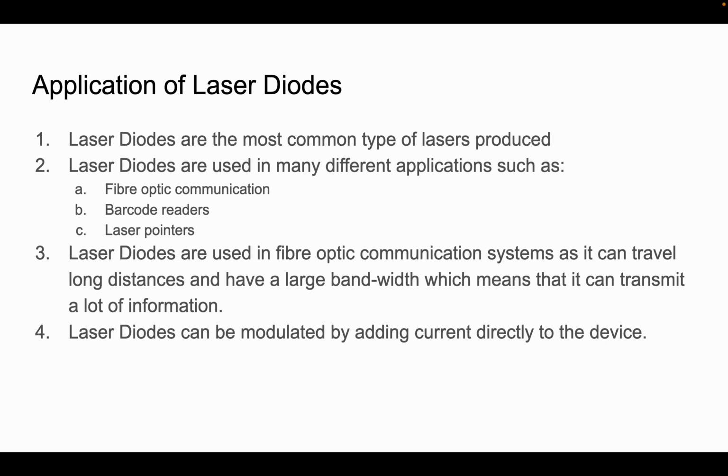The way this really works is that we just add current directly to the laser diodes to modulate it. This is why laser diodes are the most common ones, because it's so easy to work with them.